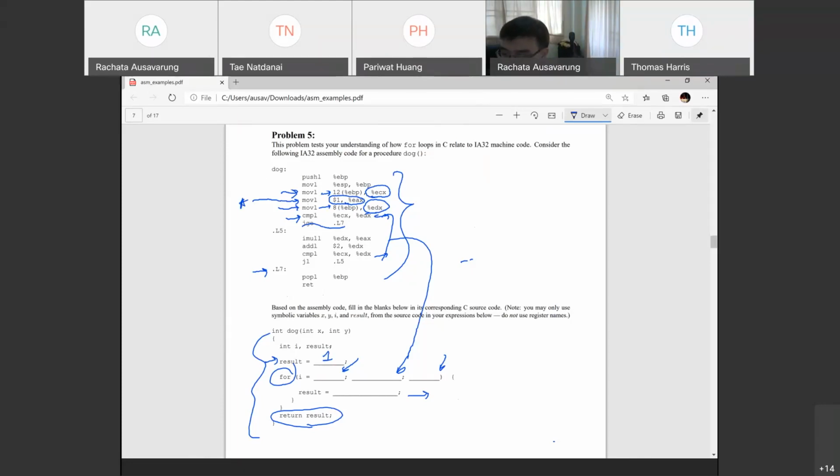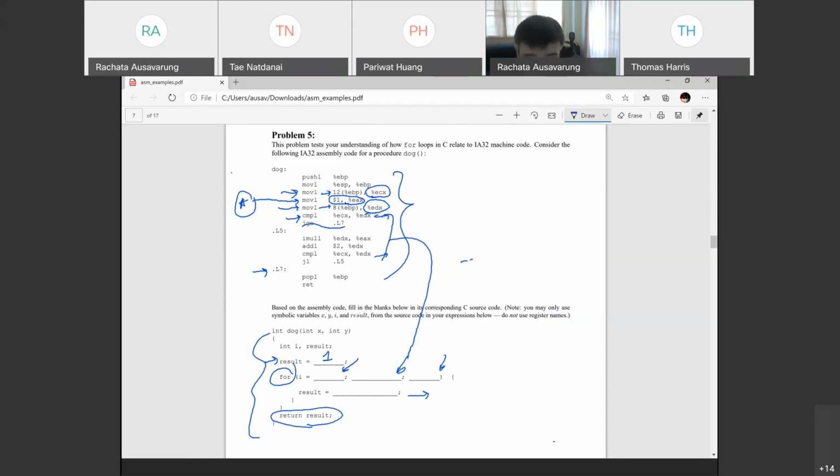Oh, the result part. Because you look at the C code, you know that you're doing something with results and you're returning results. And if you look back at the assembly, the only part that initializes something to the return value, which is EAX, is this line. What does that line do? By convention, EAX is the return value.